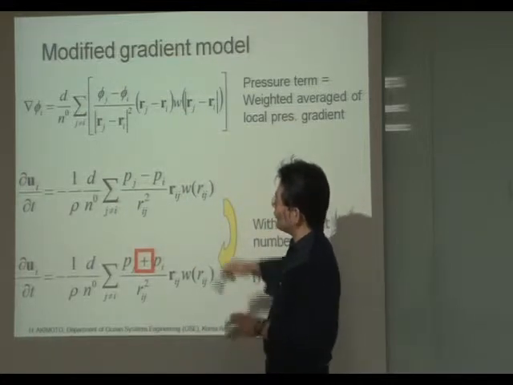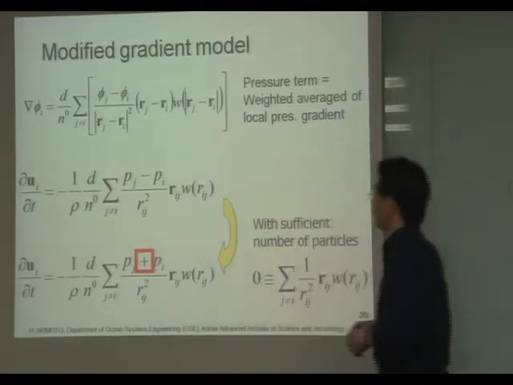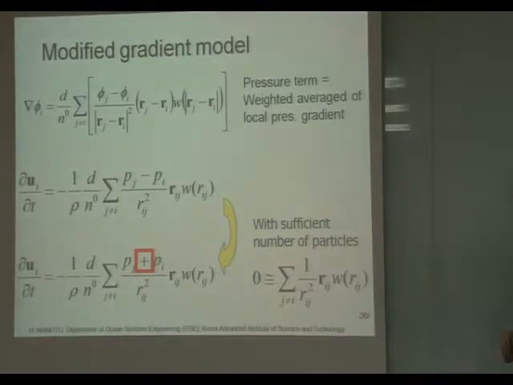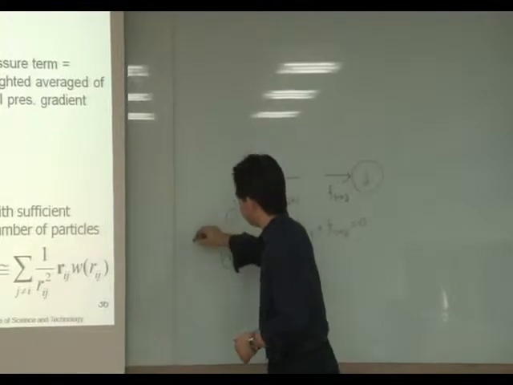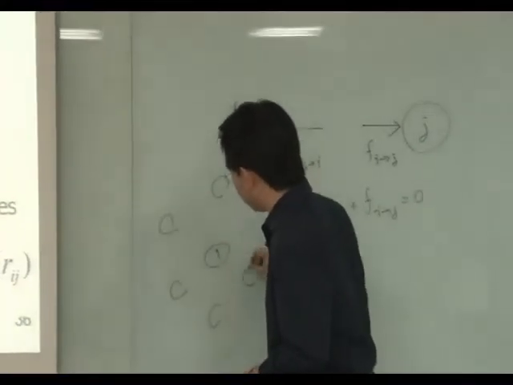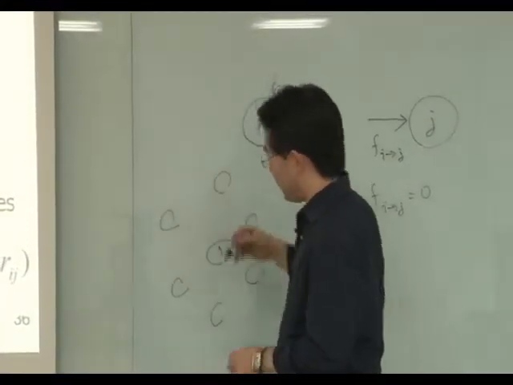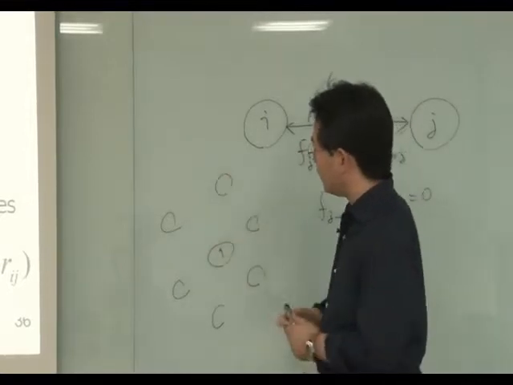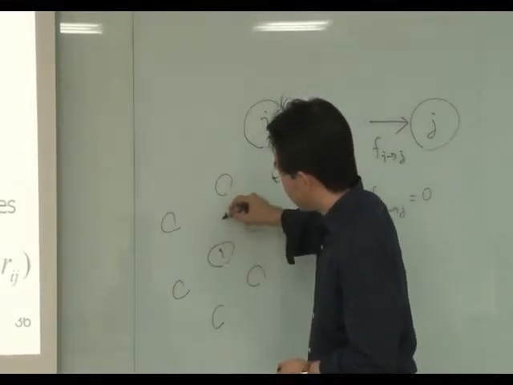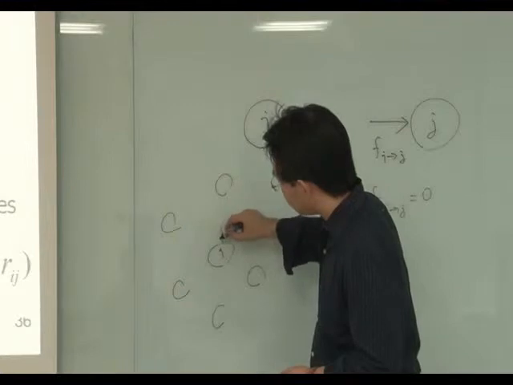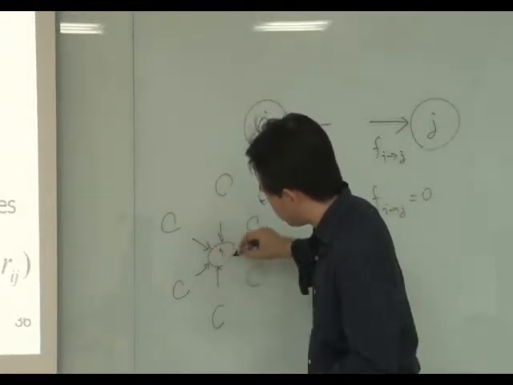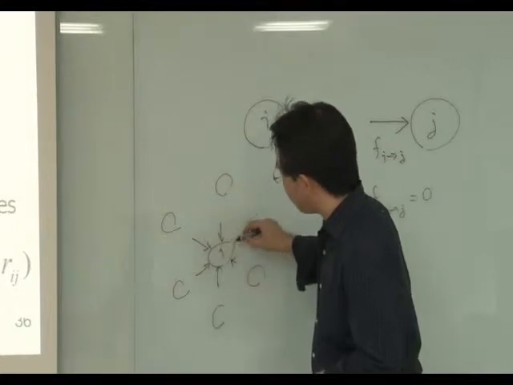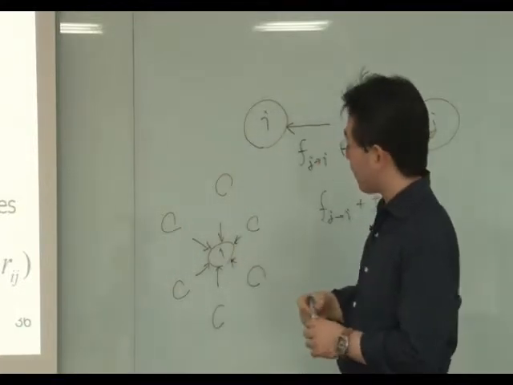You can divide this pressure gradient into the interaction among particles. Pressure gradient can be calculated from the surrounding particles, and it is actually the summation of total force. These forces come from surrounding particles.